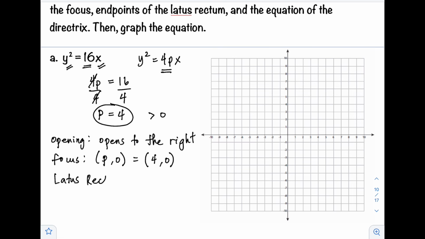So, si latus rectum is may endpoints na P, plus minus 2P. Okay, where P is equal to 4. So, try nating i-substitute yan. So, ang endpoints ng ating latus rectum ay magiging 4, positive 2 times 4, that is 8. And we have 4, negative 2 times 4, we have negative 8.